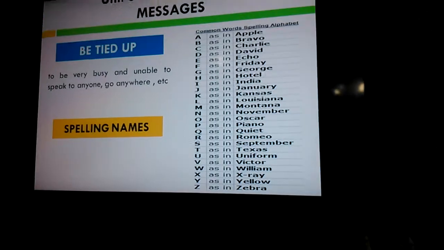In many countries they use this kind of common word for spelling the alphabet, or they can change the word. For example, I is for apple, sometimes airplane. They use many different words in order to show the letters and not get confused when spelling their names, because sometimes the names are very difficult to write.